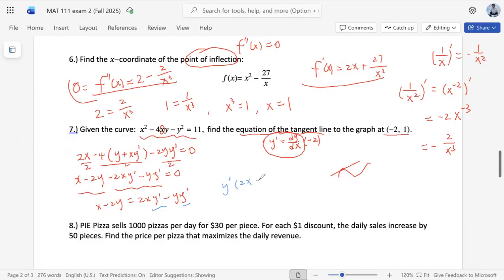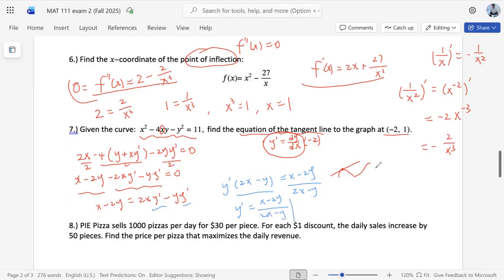So I have 2x minus y times y prime equals x minus 2y. Right, in an equation I can switch left and right. Now I divide both sides by this term, 2x minus y. So my y prime equals x minus 2y divided by 2x minus y.